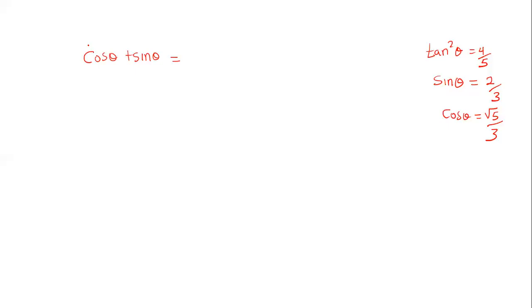So allow me to do cos theta plus sine theta. It is 2 out of 3 plus root of 5 out of 3. And we know very well that these numbers have the same denominator. I can just add. So it is the same as 2 plus root of 5 out of 3.